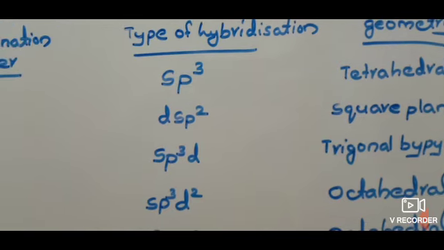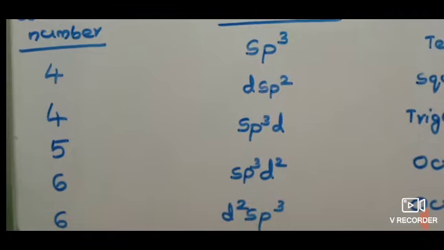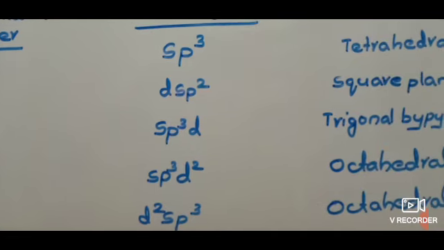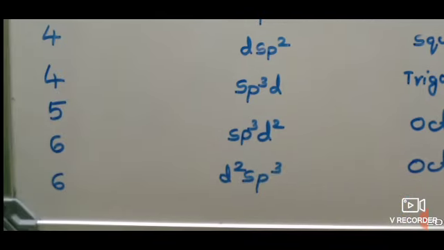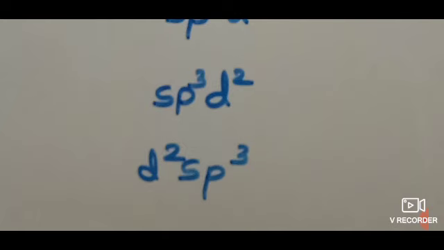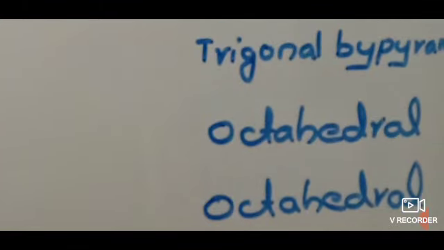If it has dsp2 hybridization, it will have a square planar shape. If the coordination number is 5, the hybridization is sp3d and it will have a trigonal bipyramidal shape. If the coordination number is 6, it shows two types of hybridization, sp3d2 or d2sp3, and the structure is octahedral in both cases.